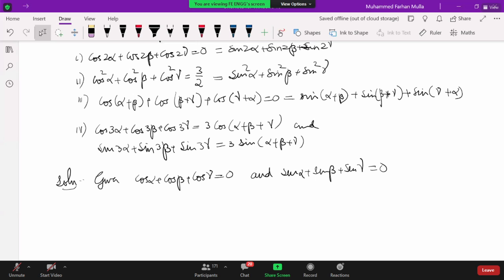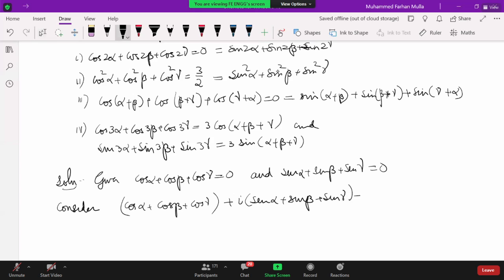So here, what I do is I combine these two equations in the form of a complex number, that is cos of alpha plus cos of beta plus cos of gamma, plus i times sine alpha plus sine beta plus sine gamma is equal to 0. 0 plus i 0 actually, because both are zeros, so I can write this.